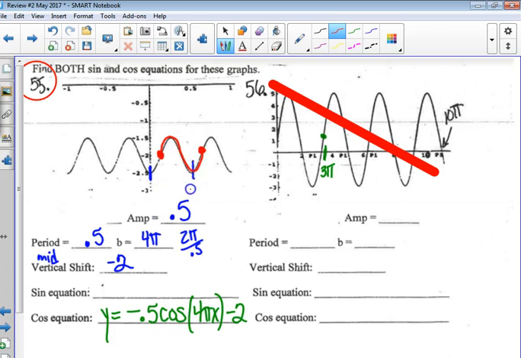If this is 0.5, then this peak right here would be at 0.25, and this midline ordered pair would be halfway to 0.25. It's 0.125 or 1/8. Just keep dividing in half. Remember, all of the quarter points, what's the period divided by 4? All right, so we're going to change to a positive.